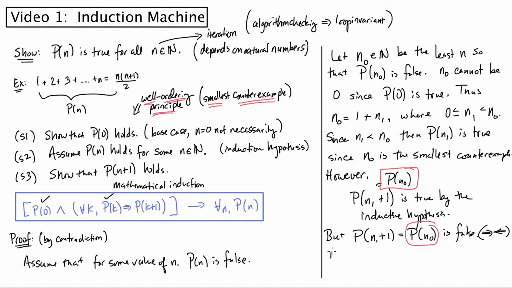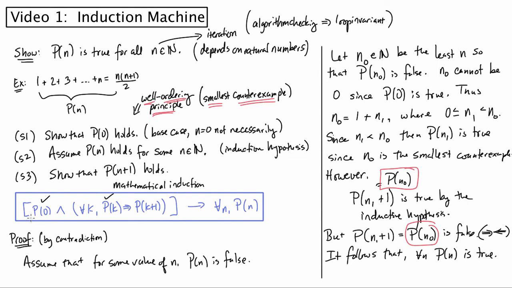So it follows that there doesn't exist an n such that P of n is false. So it follows that for all n, P of n is true. So think of it this way.